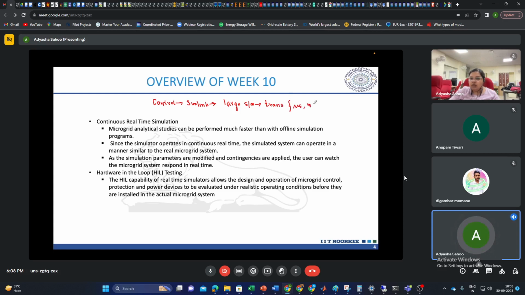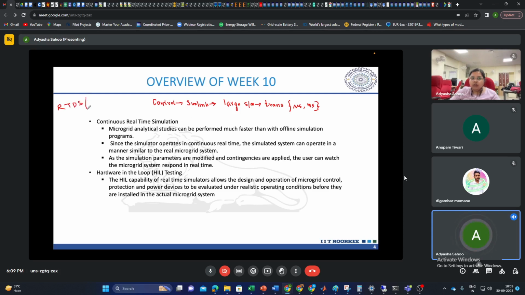Such high computations cannot be performed with these platforms. So to perform these transient studies for large systems, we go for real-time simulation platforms, which we do through the RTDS or the OPAL-RT platforms.